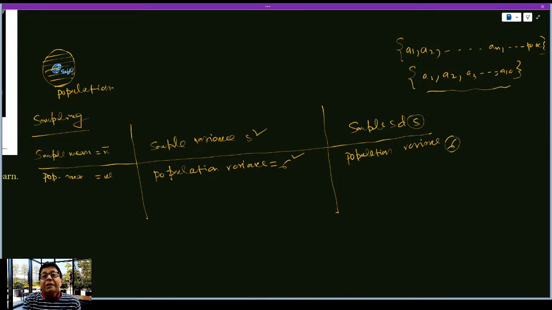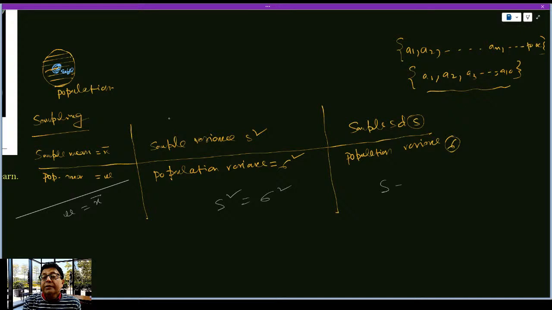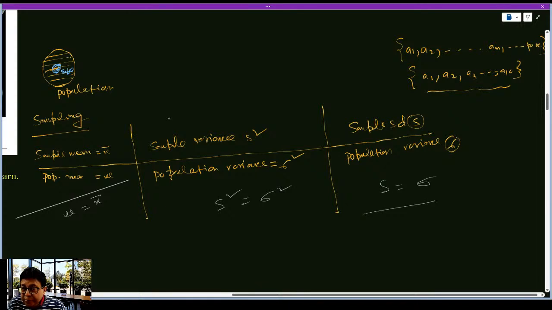So, in our calculation, after the sampling process is done, mu is going to be x bar, sigma square is going to be A square, and sigma is equal to S. So if your process of selection is perfect, then you have stated correctly about the population.